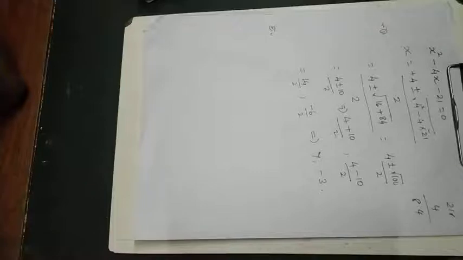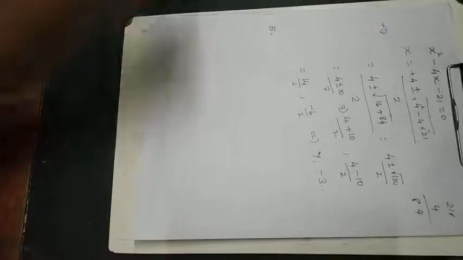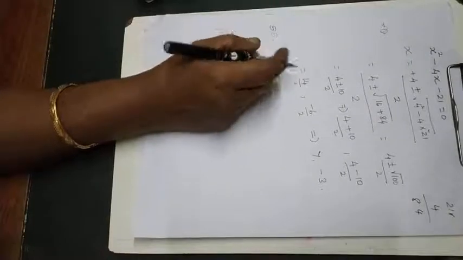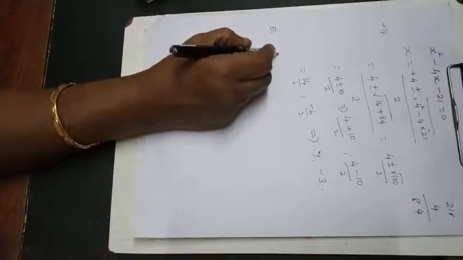Find her marks in 2 subjects. So here Shefali's marks in maths and English together is 30. So let us take her mathematics marks as x.